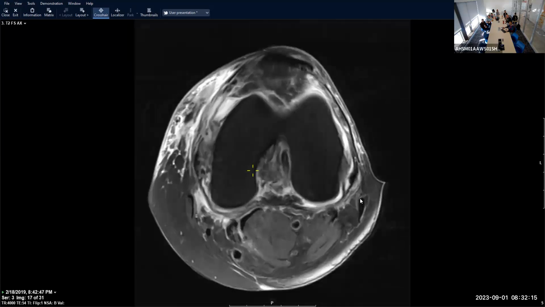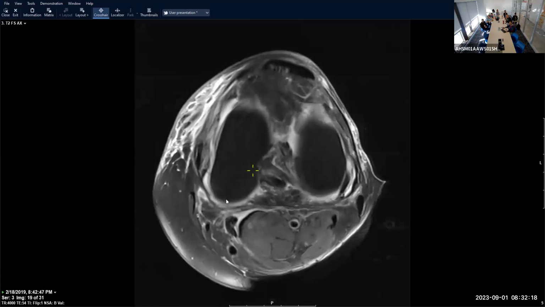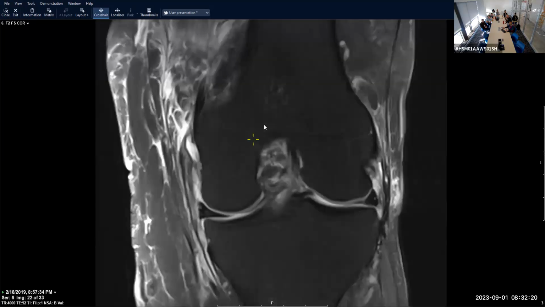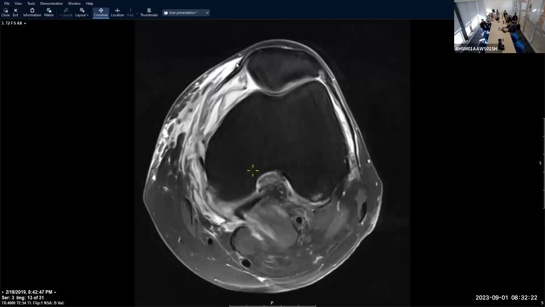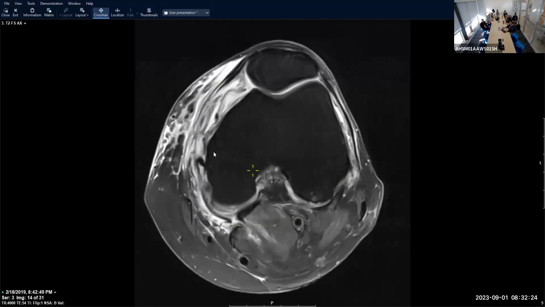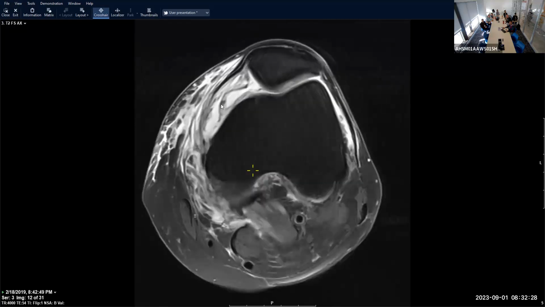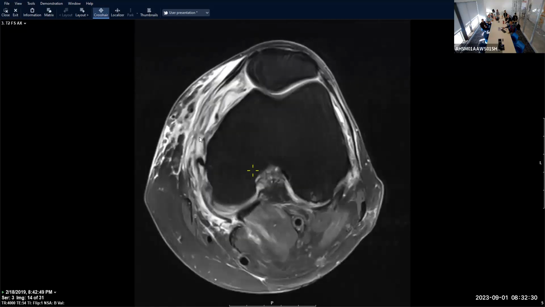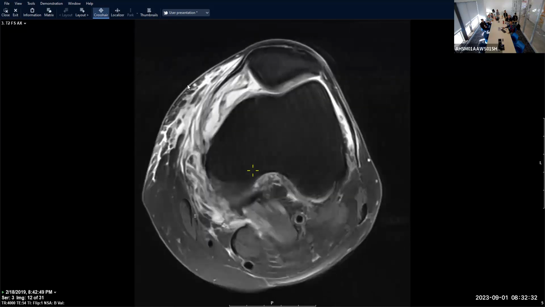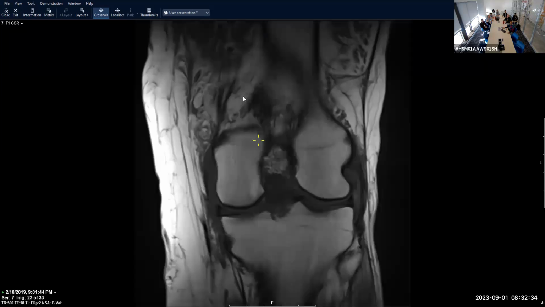Posterolateral corner structures don't look terribly bad. And that's pretty much it. Maybe there's a full thickness medial patellofemoral ligament disruption associated with this full thickness MCL tear that's allowing some joint fluid probably to get out, causing all this marked soft tissue edema here in this medial aspect of the knee.